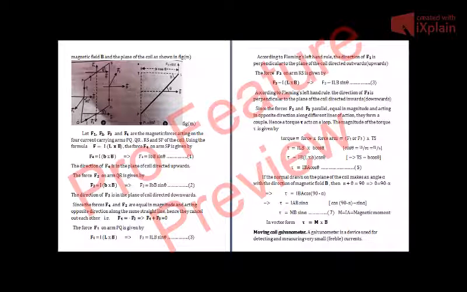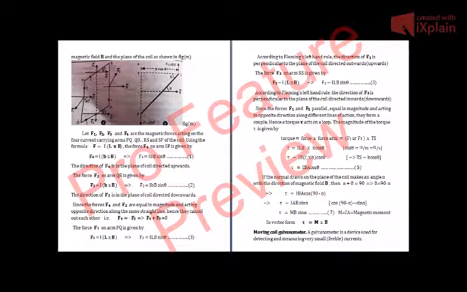F1 will also be equal to ILB, so I have not written it there, you will see it in the later part of this class that theta is 90 degrees, so ultimately F3 and F1 will be equal to ILB. Now again applying Fleming's left hand rule, the direction of F3 is perpendicular to the plane of the coil but directed inwards, means downwards.